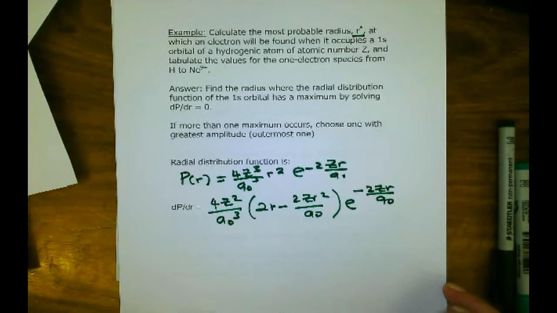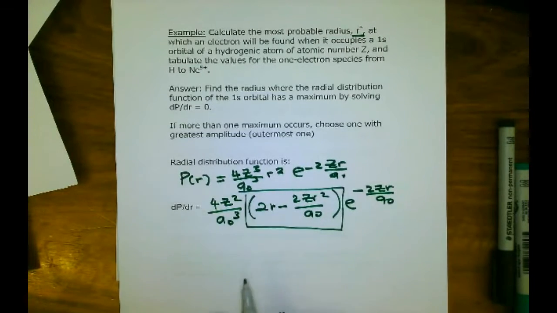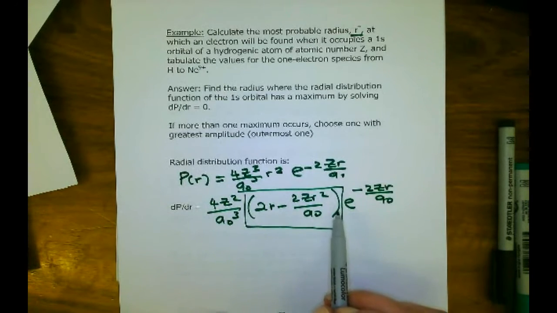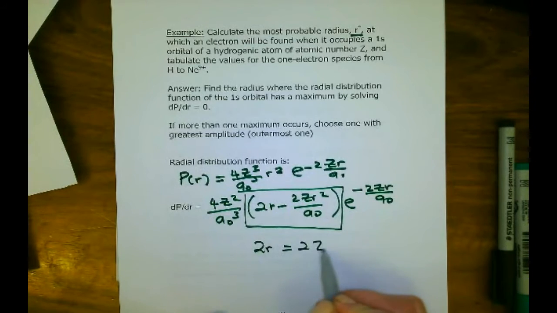Okay, now how do we get this function to go to 0? Because we're interested in where this is 0. Well, basically, when this term is equal to that term, everything in this block will be 0. So basically, with 2r equal to 2Zr squared over a0, this function will go to 0.